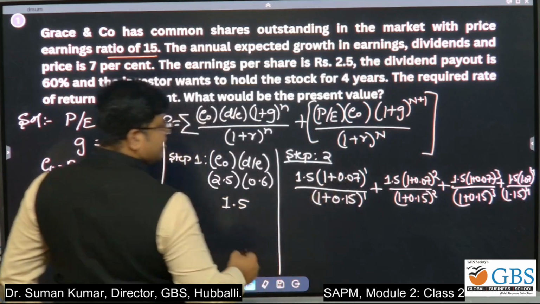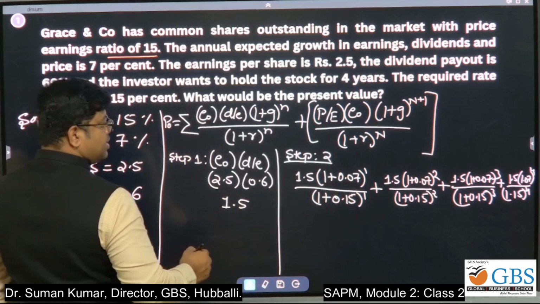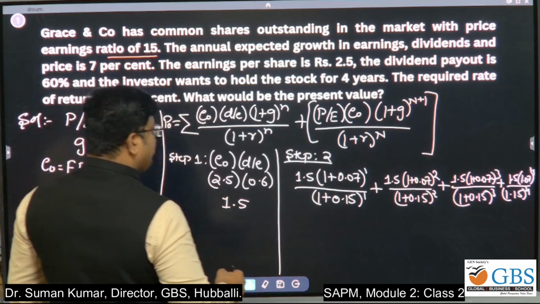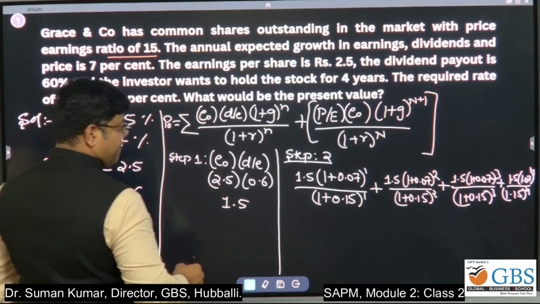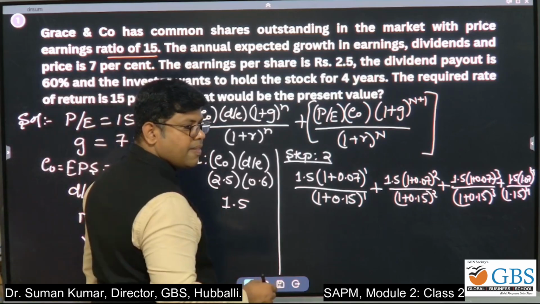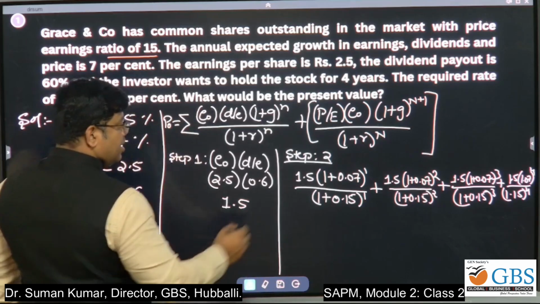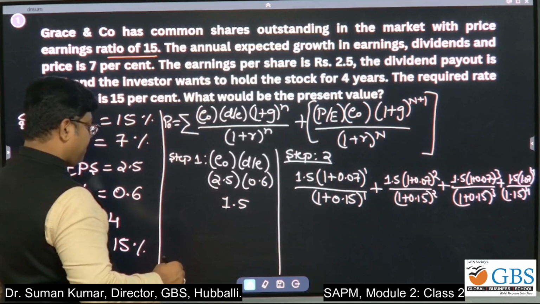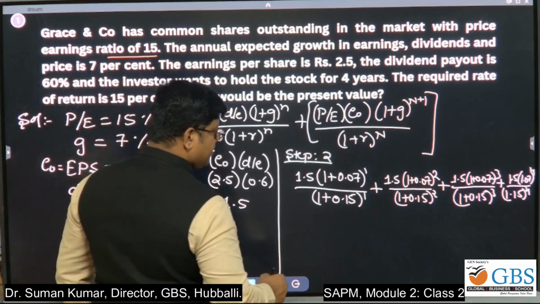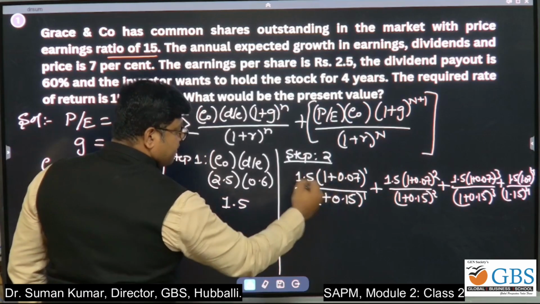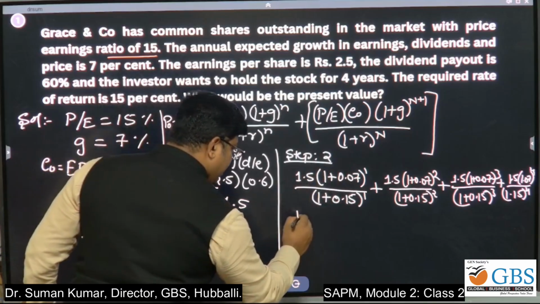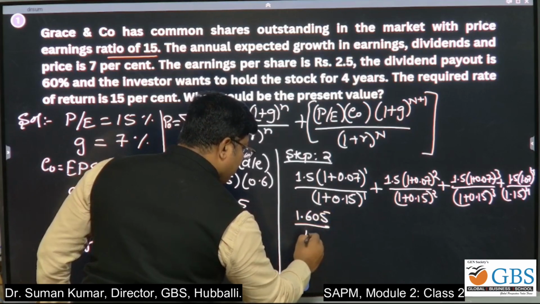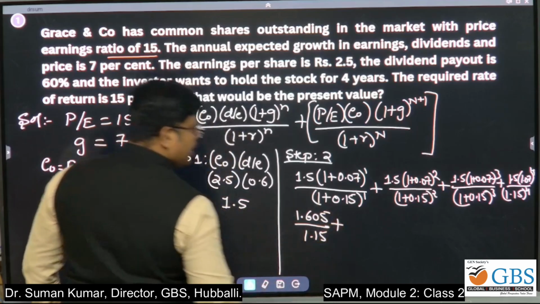First this part, 1.07 into 1.5. How much? 1.07 into 1.5. This part, 1.605 divided by 1.15. What next?